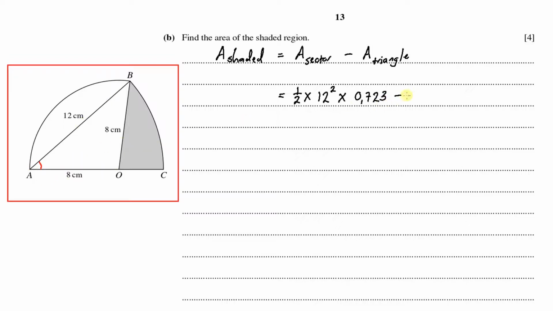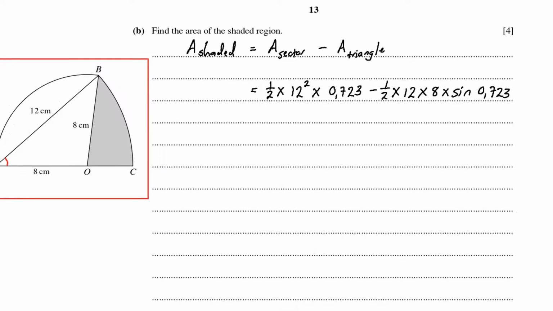So for triangle ABO, we can make use of the formula for area of a triangle, half times side, sine the angle in between. So it's half times the side 12 times the side 8 times sine of 0.723. So let's type that in.